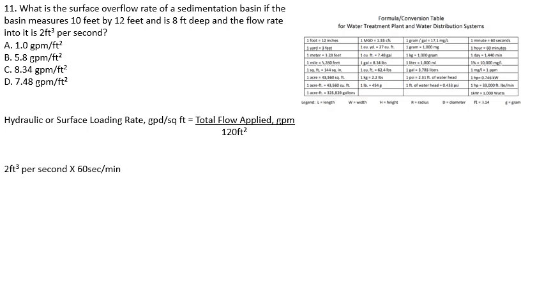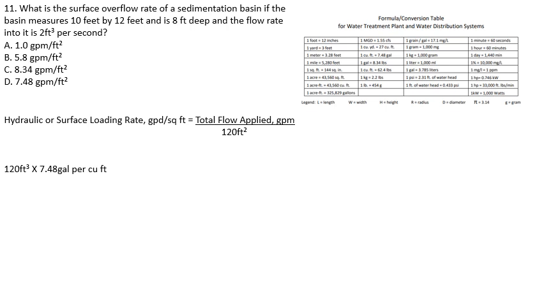So we're going to need to do some conversions. We're going to go from seconds to minutes because we want gallons per minute. So 2 cubic feet per second times 60 seconds in a minute. Answer that, 120 cubic feet.